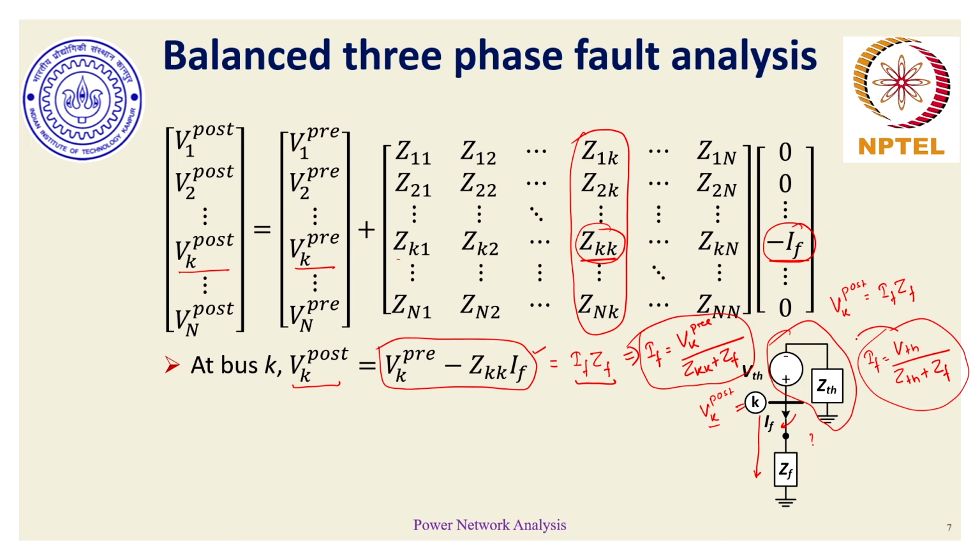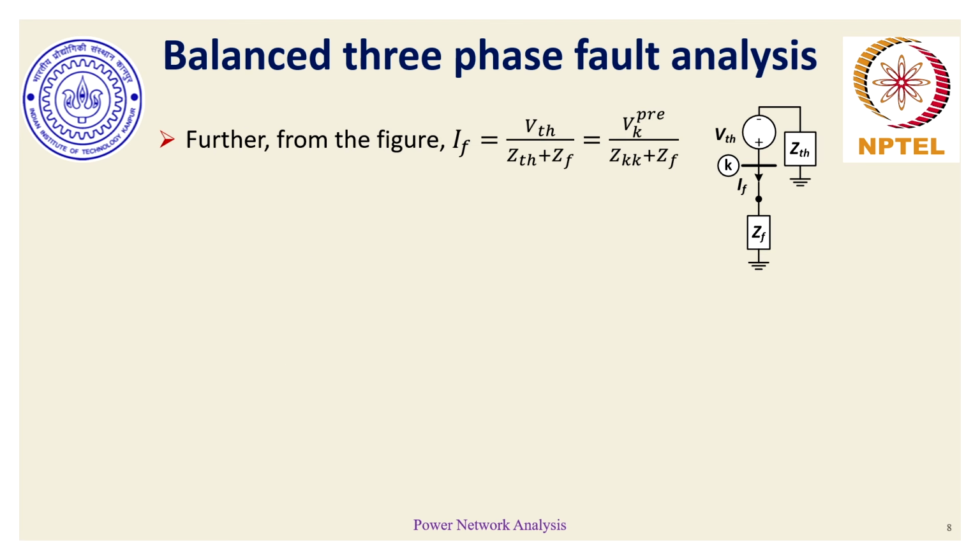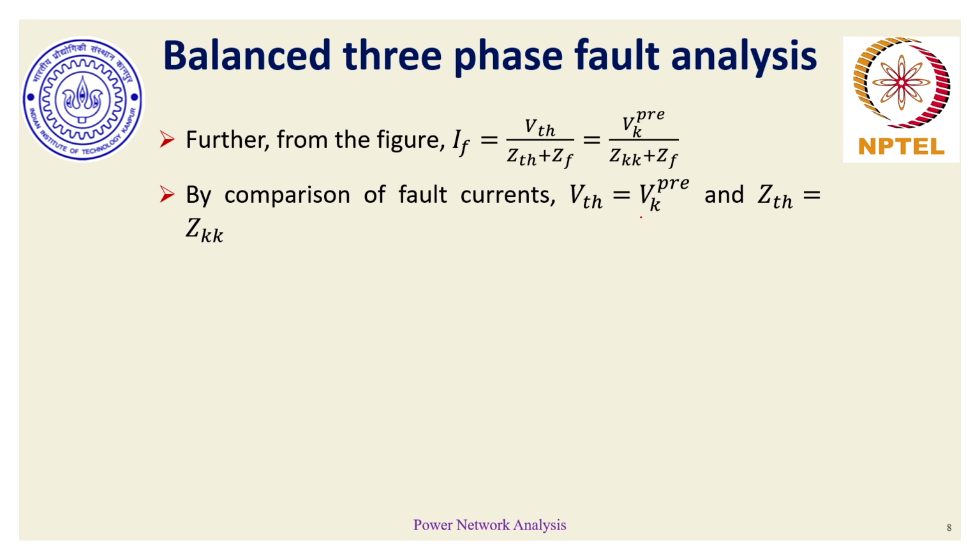This is the equation that we are getting by KVL from ground to ground. Vk post is equal to IF ZF by applying KVL between bus K and ground. If we compare these two equations, we see a great lot of similarity. The similarity is that the Thevenin voltage happens to be the same as the pre-fault voltage, which is Vk pre, and Thevenin impedance is nothing but the kk element of the Z bus matrix.